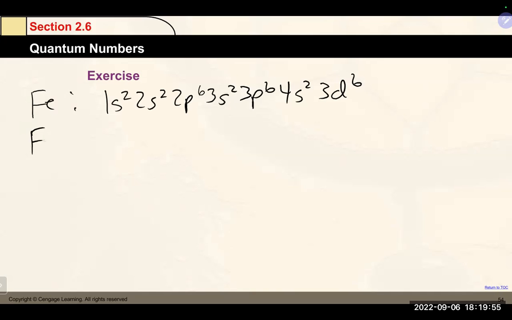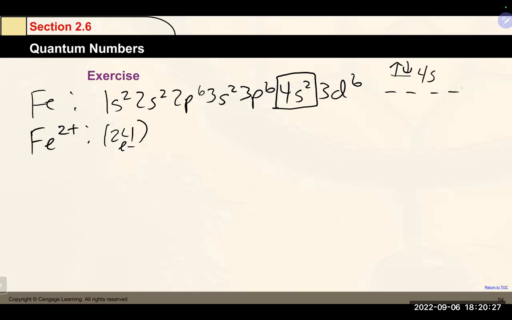When iron has a +2 charge, instead of 26 electrons, it should only have 24 electrons. The electrons that always go first for iron and all the transition metals are the s electrons, because they end up being higher in energy, as we just talked about, once we start filling up d orbitals.